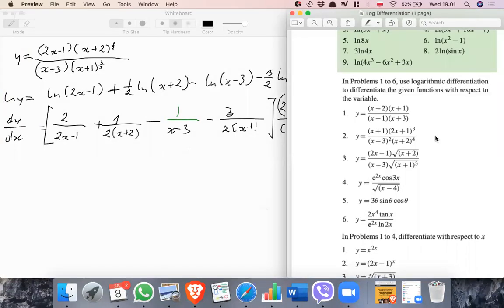That's number 3 done. So number 4 starts introducing some more interesting functions. So let's get right after it.